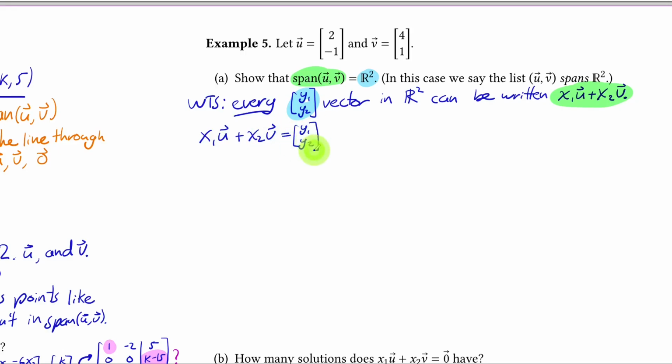So we're going to go through the same steps as we did before. u is really (2, -1), and v is really (4, 1). And we know that this linear combination by definition is the vector (2x1, -x1) added to the vector (4x2, 1x2).